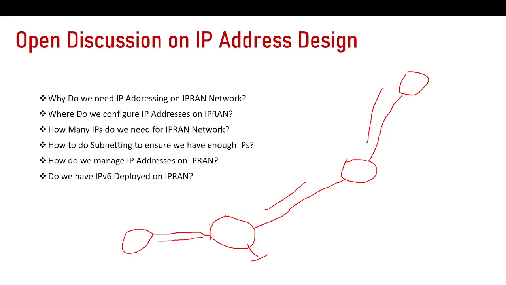Okay. Anyone else with a different opinion? I think he is right. In /31, you have only one usable IP. So one IP you cannot use.